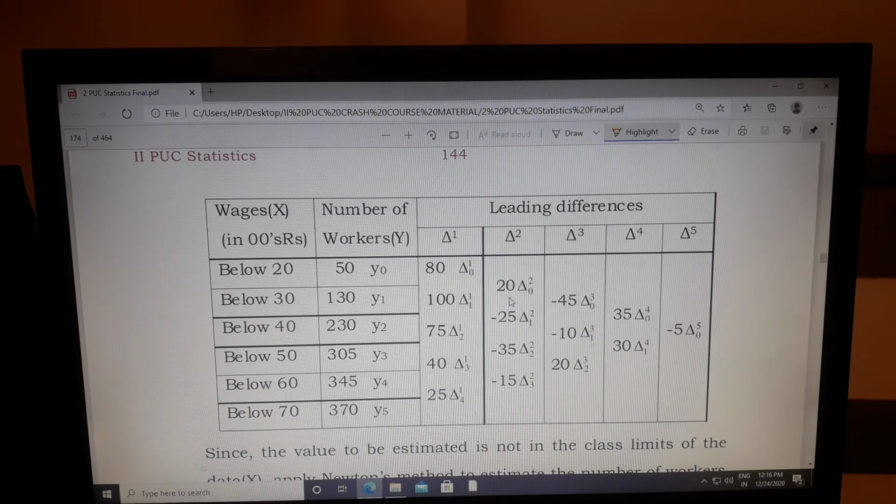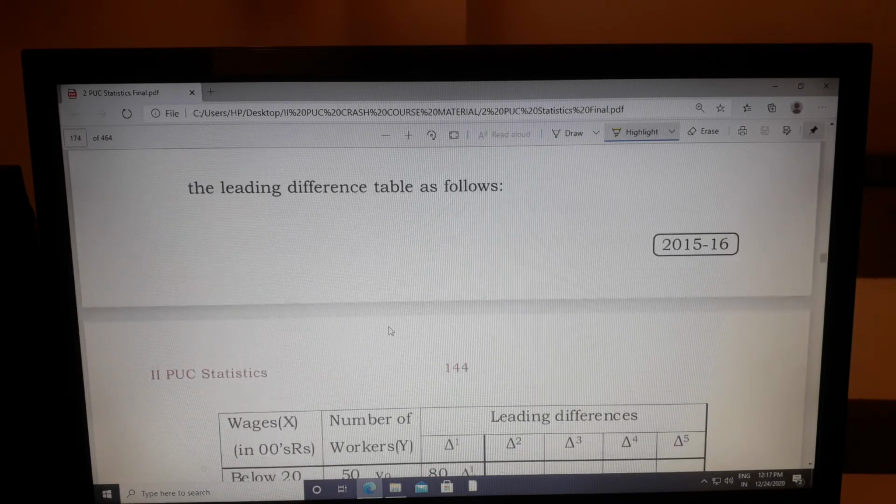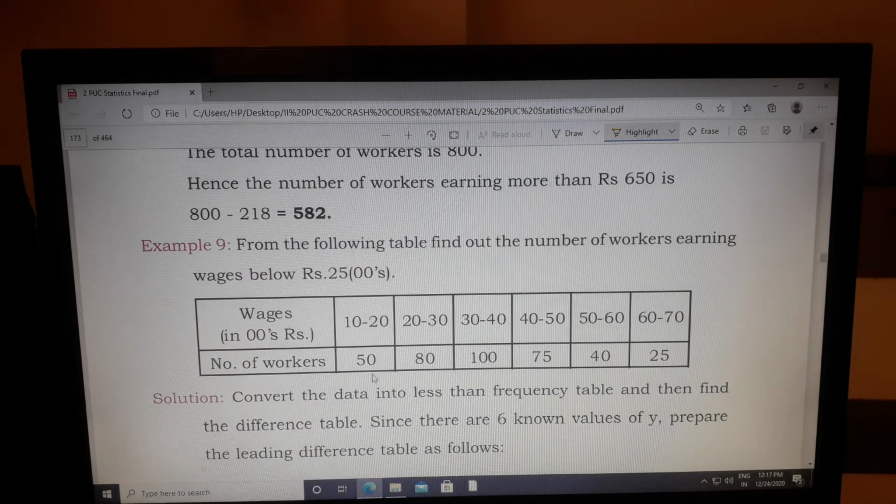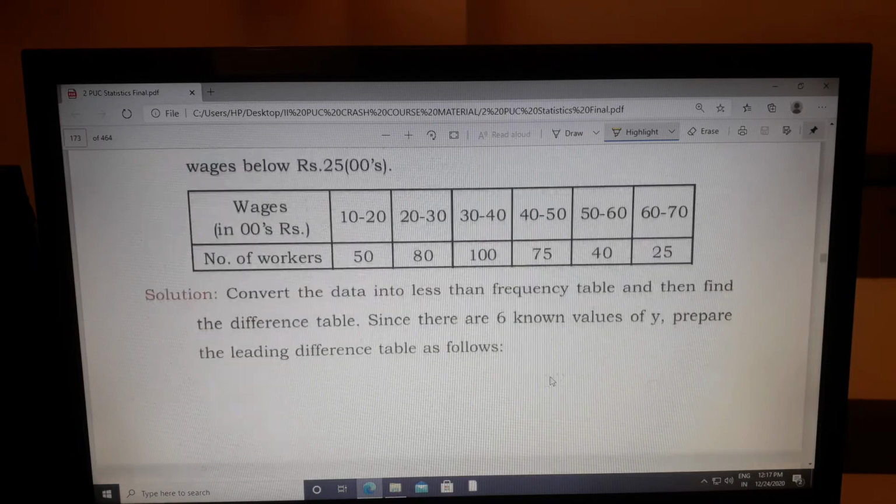Just as per the given data, go on converting to LCFs. First observation 50, second observation 50 plus 80, then third observation, fourth observation, just go on adding. First one 50, 50 plus 80 is 130, next 130 plus 100 is 230, 230 plus 75 is 305, 305 plus 40 is 345, 345 plus 25 is 370.